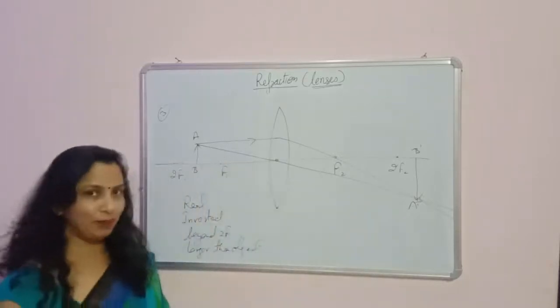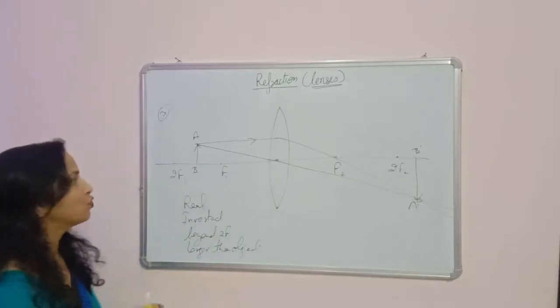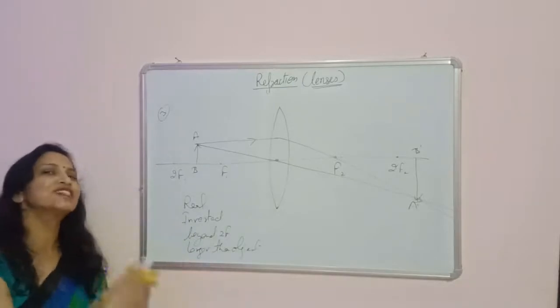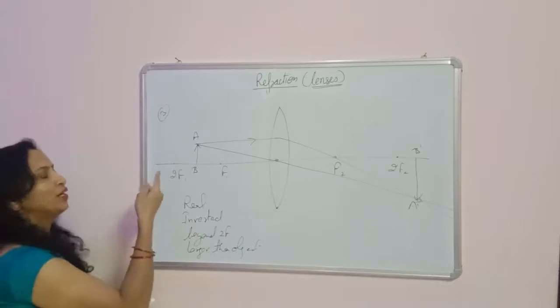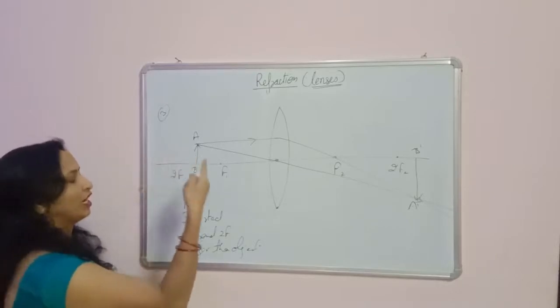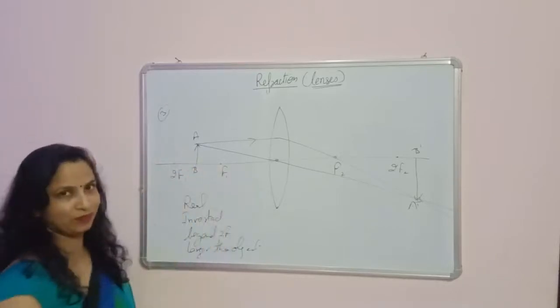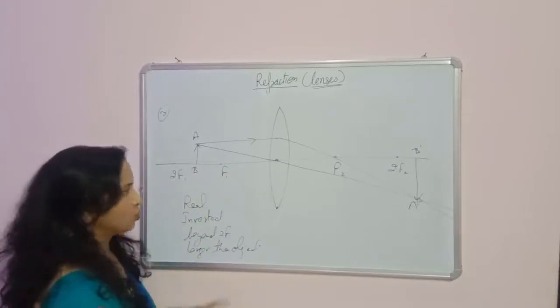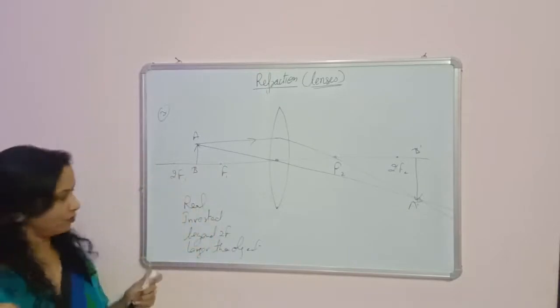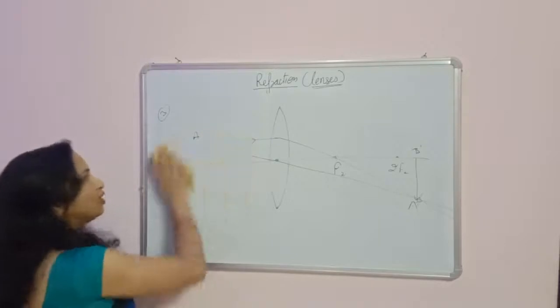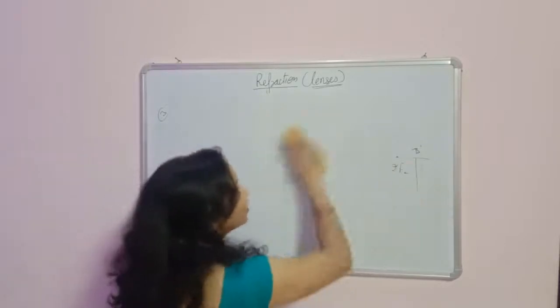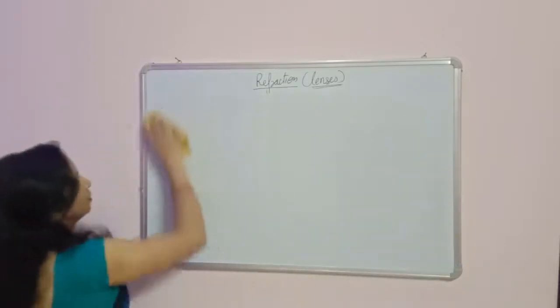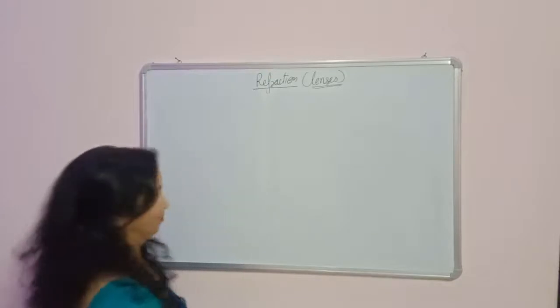Now the next condition. What will happen if we place the object at f? So we are moving towards the lens: beyond 2f, then 2f, then between f and 2f, and then at f, and between f and O. So this was the third condition. Now I am going to explain the fourth condition, in which we will place the object at f.